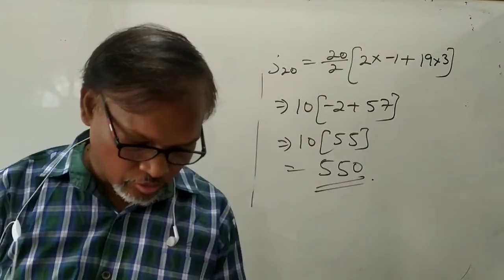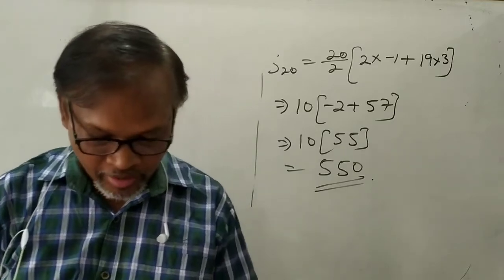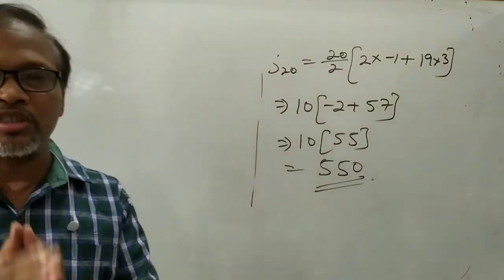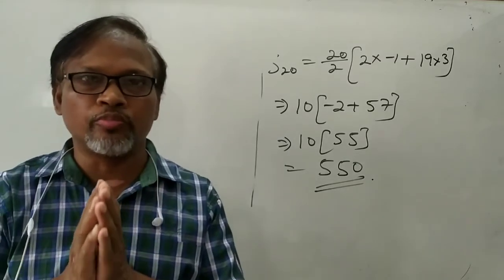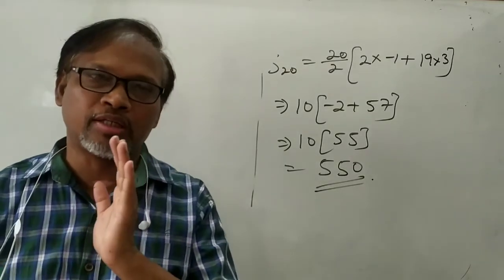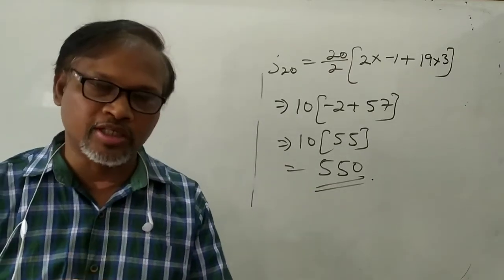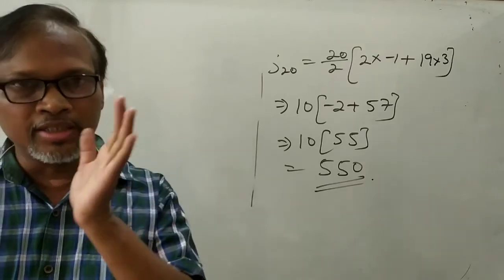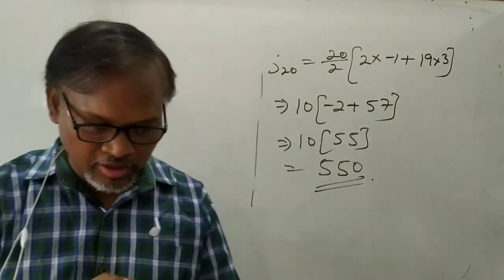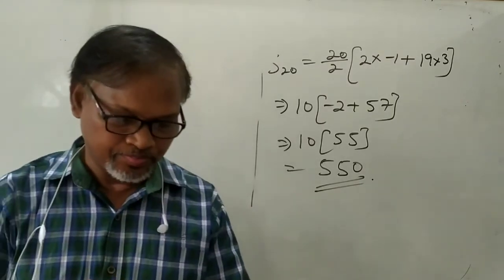Other questions, like question number 10, 11, 12, 13, you can do by yourself, because you know the concept of the arithmetic progression, nth term of the arithmetic progression, and sum to n terms of the arithmetic progression. According to that you can solve the questions.